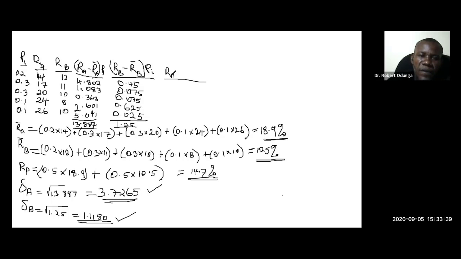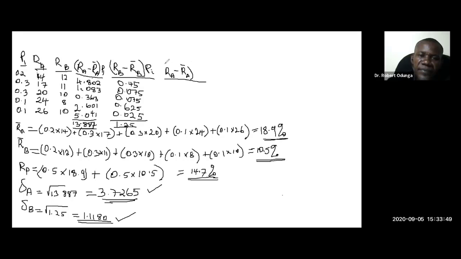It is RA minus RA bar times RB minus RB bar.